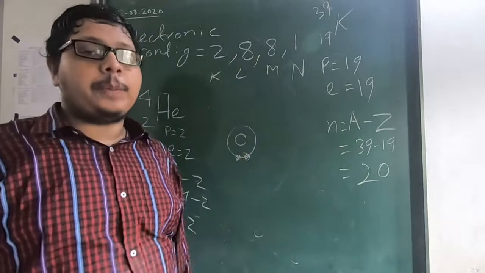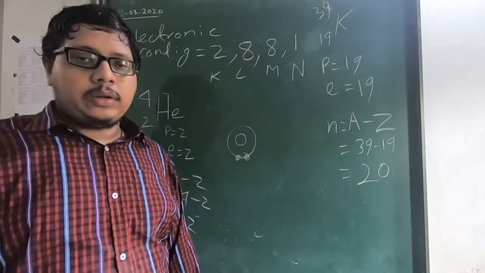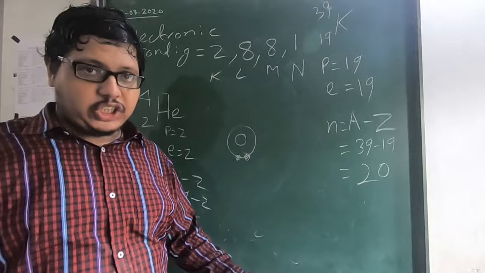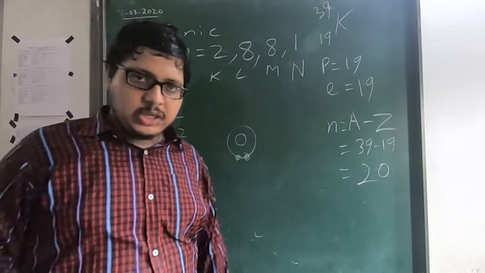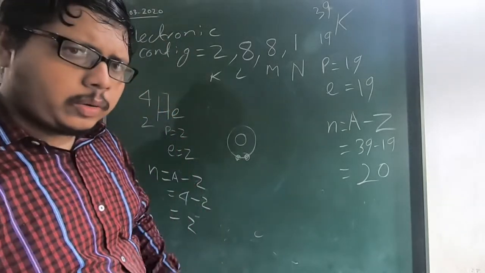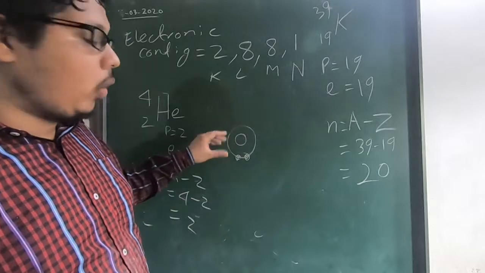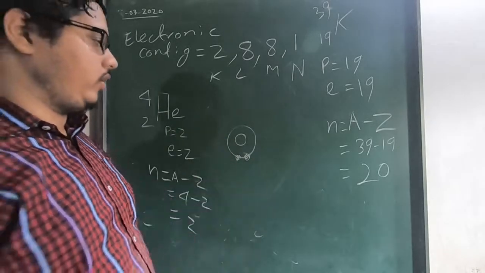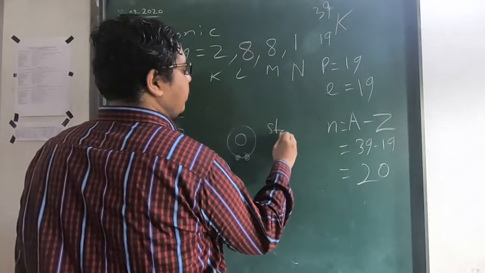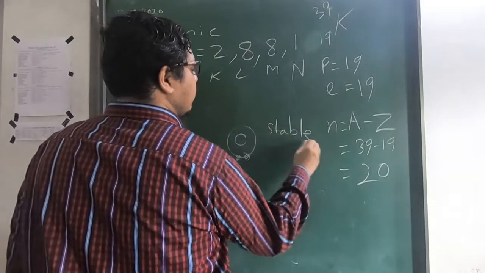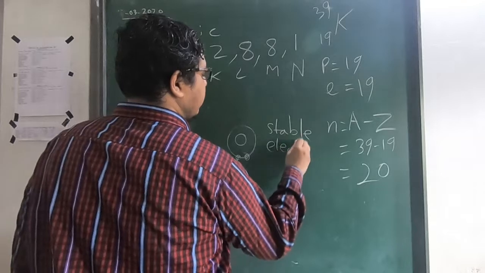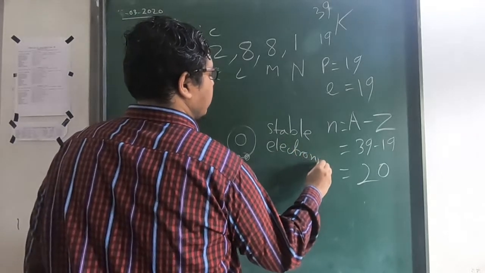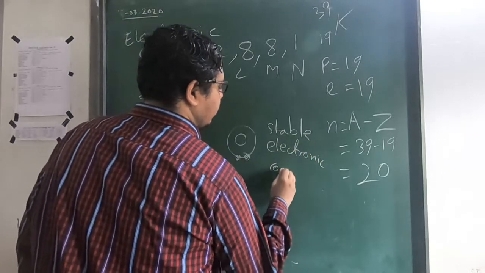Now the K shell is having 2 in the first shell. It is also the last shell. There is no more shell, is it not? So we will call this configuration a stable electronic configuration.